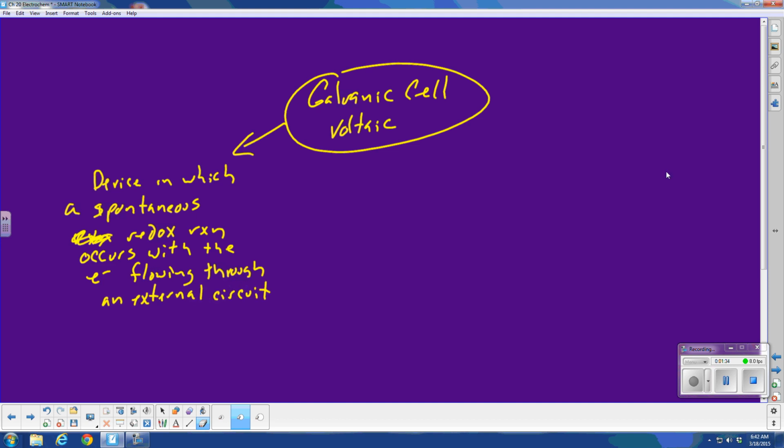Okay, so that is my technical definition of a voltaic cell.